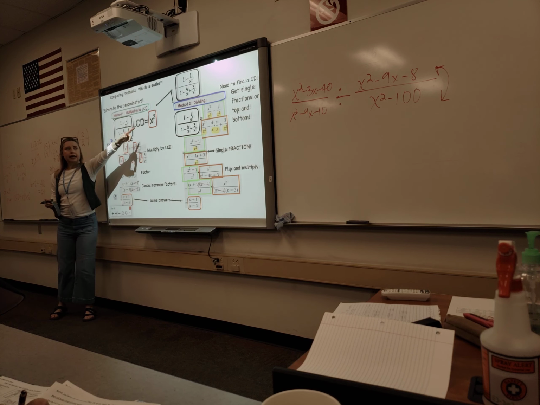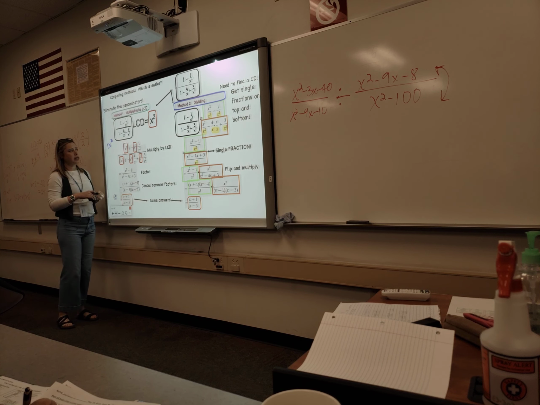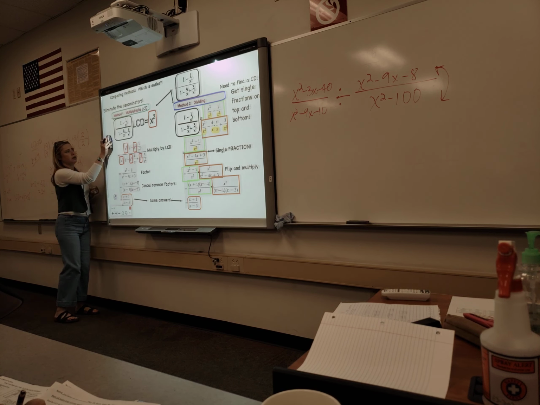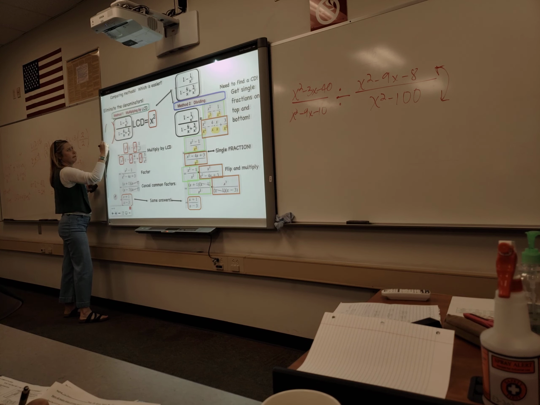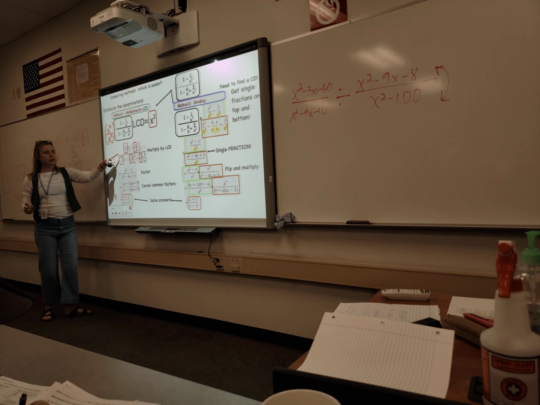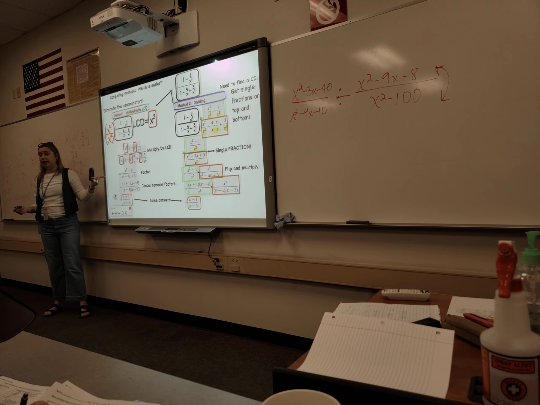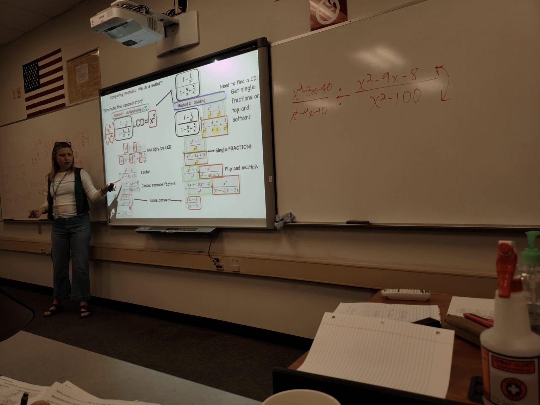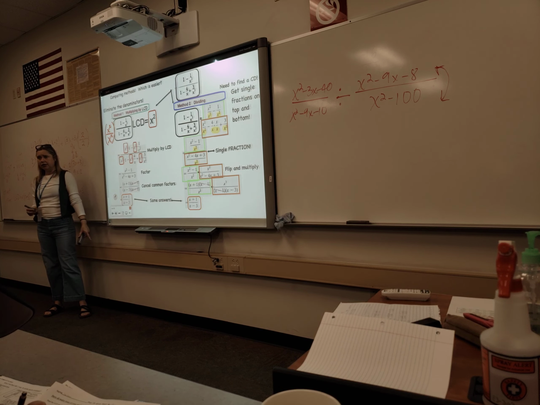I multiply that LCD, rainbow it into every one of these terms. This is my third step: rainbowed into every term, stuff cancels happily, I factor what I can, cancel stuff out, and I get an answer.